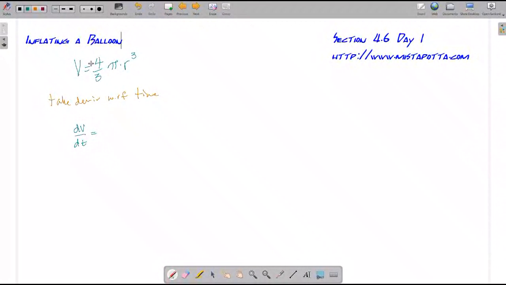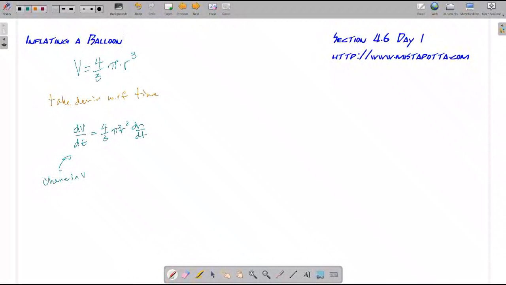And if I take the derivative of this side, I end up with 4/3 pi times 3r squared dr/dt.